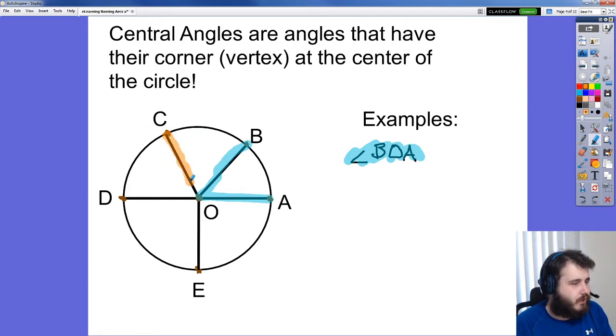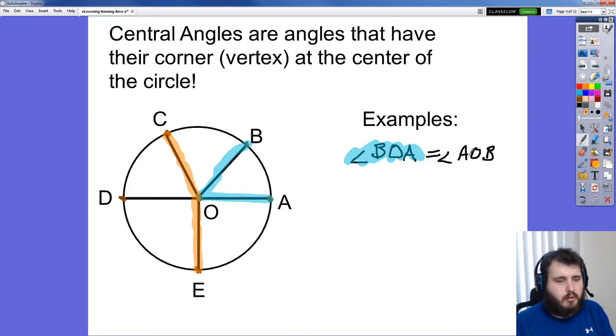Let's talk about this angle over here, COE. Start with one outside letter, then the middle, then the other outside letter. And it's reversible. Like, for example, when we called this BOA, I could also have called this angle AOB.